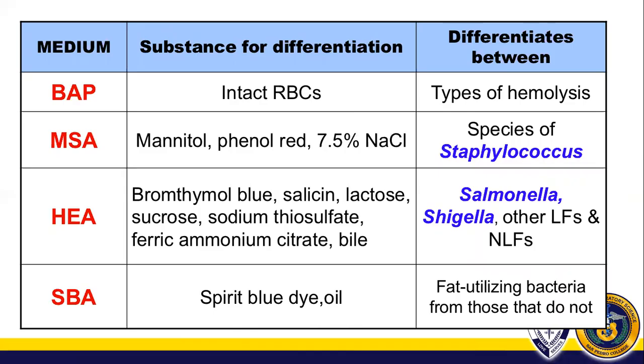HEA, or Hektoen enteric agar, contains bromthymol blue to differentiate growth of Salmonella and Shigella, as well as other lactose and non-lactose fermenting organisms. Spirit blue agar contains spirit blue dye to differentiate fat utilizing bacteria from those that do not.